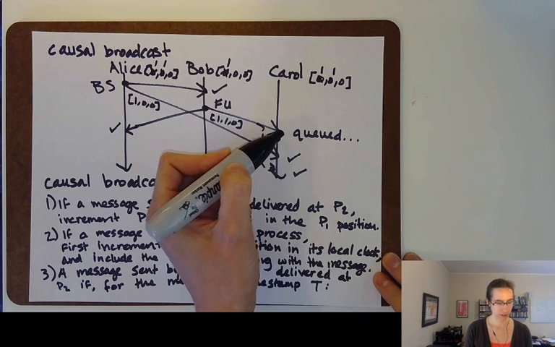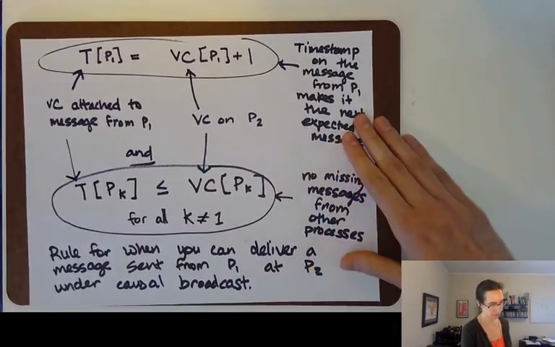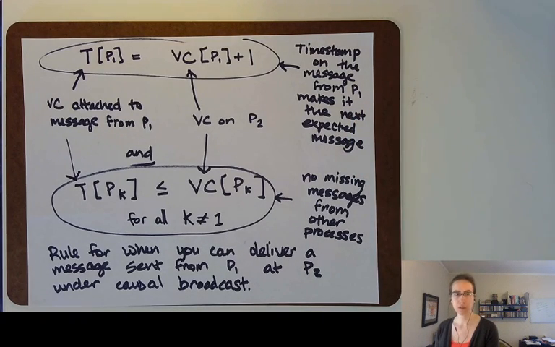So this rule is what makes it possible for us to queue this message here rather than delivering it immediately. Here's that rule again. Questions about this?